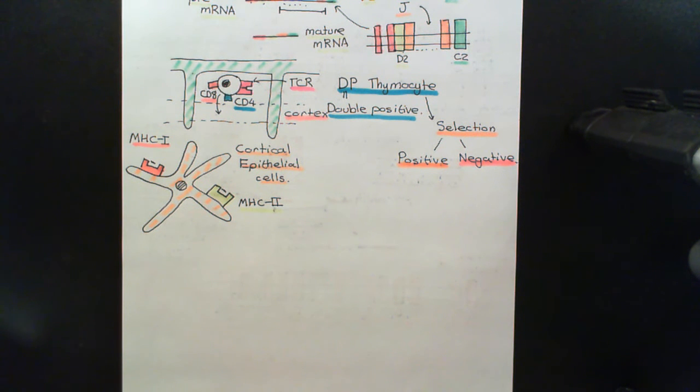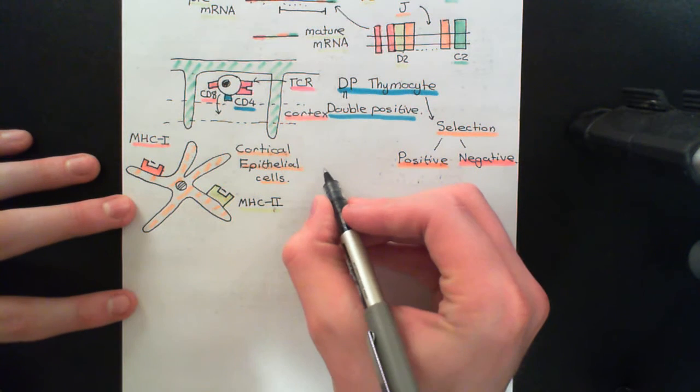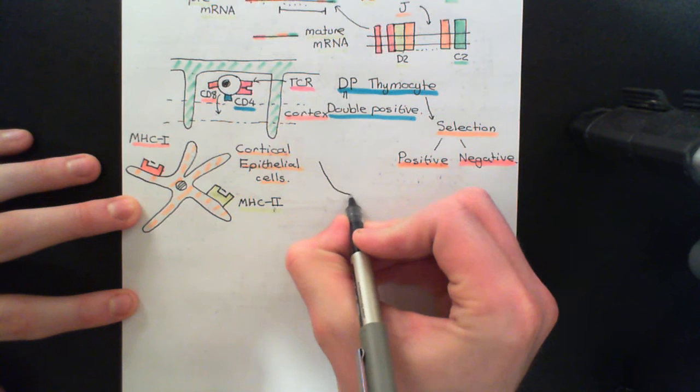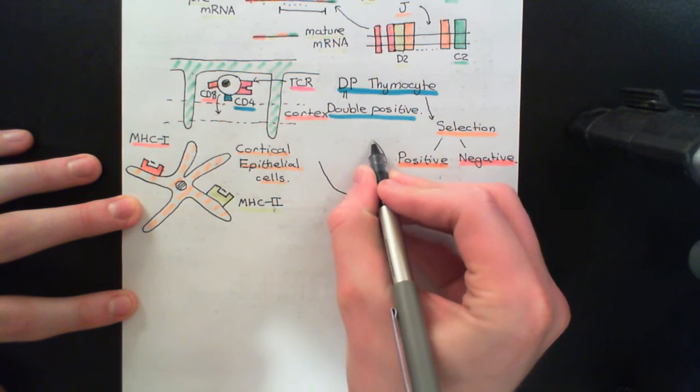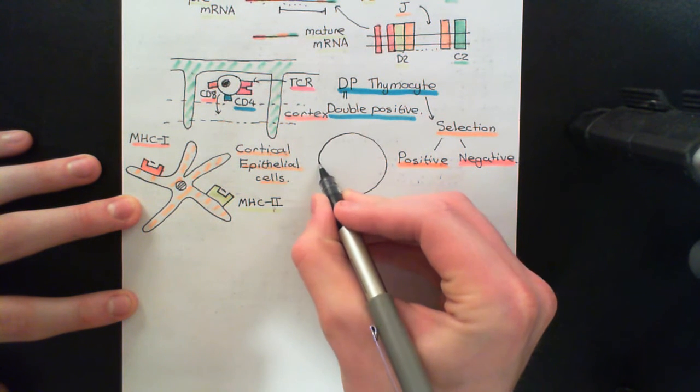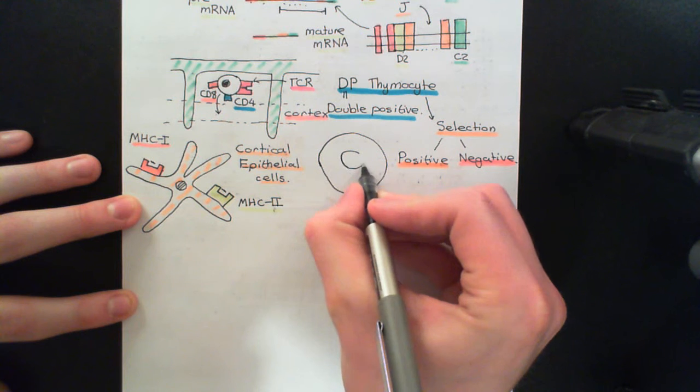If it does bind to one of those complexes, it will receive a positive signal, a survival signal, which will tell it to survive. If it does not bind to one of those complexes, it will not get this survival signal, and it will die by neglect. Okay, so let me actually now draw this interaction out. So let's have this as the surface of our double positive thymocyte here, like so. So here is its nucleus.